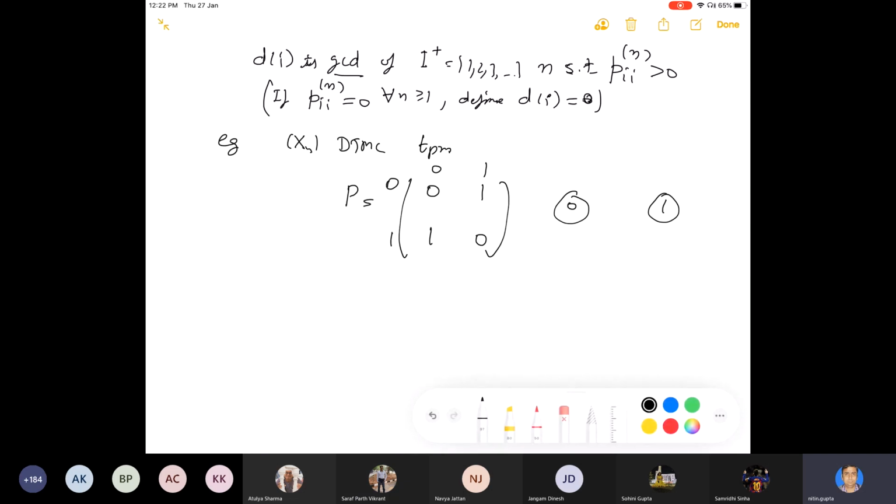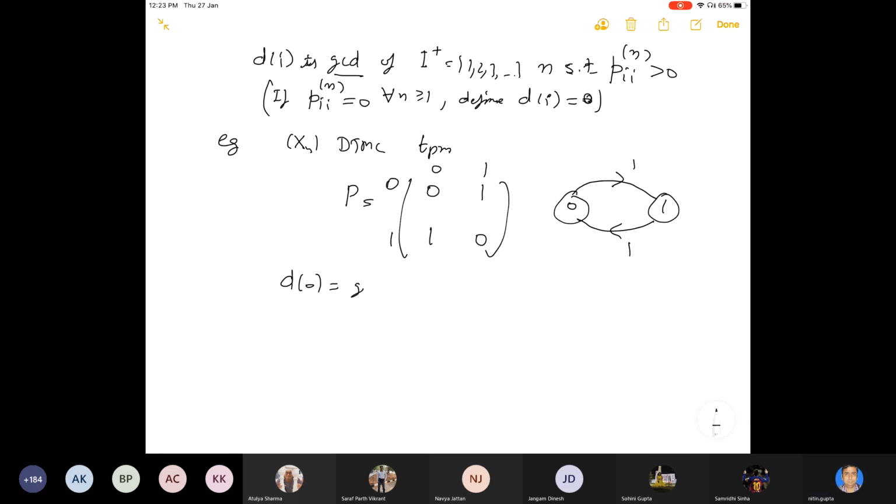So the states are 0 and 1. From 0 to 1 we can go with probability 1, and from 1 to 0 we can come back. So what is the period of state 0? GCD of, in one step it is not possible, in 2 steps we can come back, in 4 steps we can come back, 6 steps we can come back. So 2 here. Similarly, you can easily see that the period of state 1 is also 2. So the period of states 0 and 1 is 2 here.